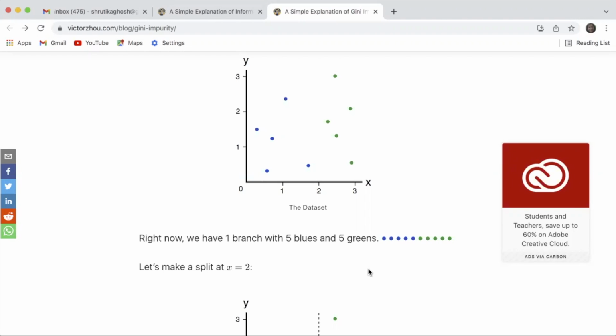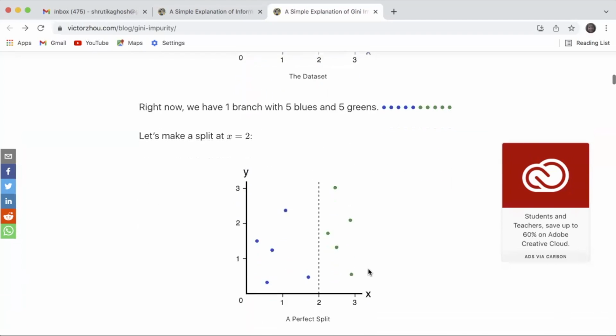Now our task is to segregate these rows so that we are able to predict whether a ball is a blue ball or a green ball depending on the x and y values. Let us say we take the first condition as x is equal to 2, and depending on that we segregate.